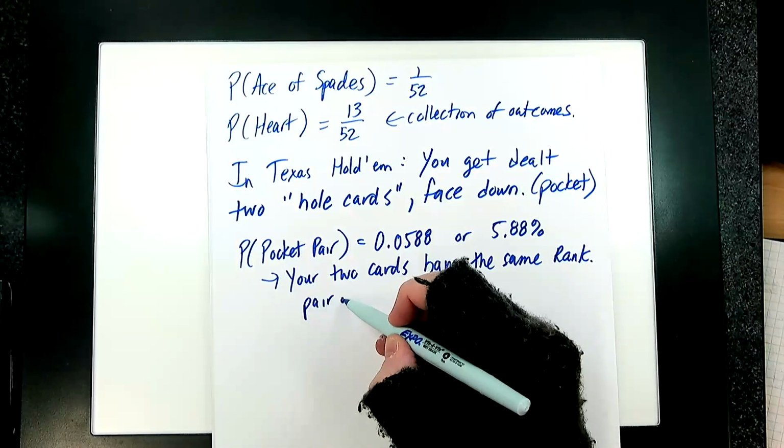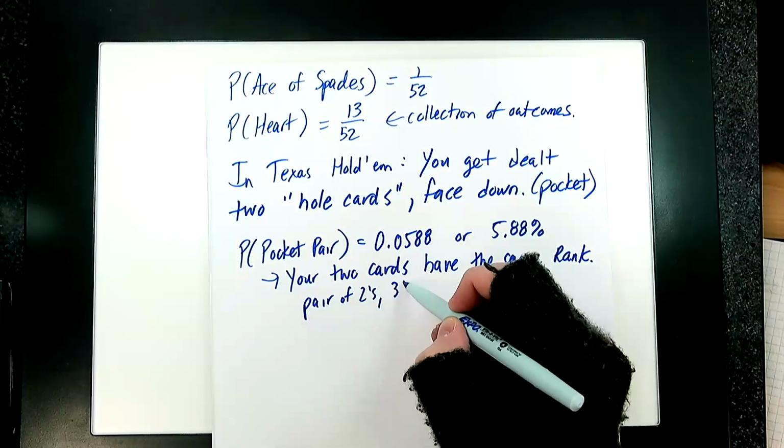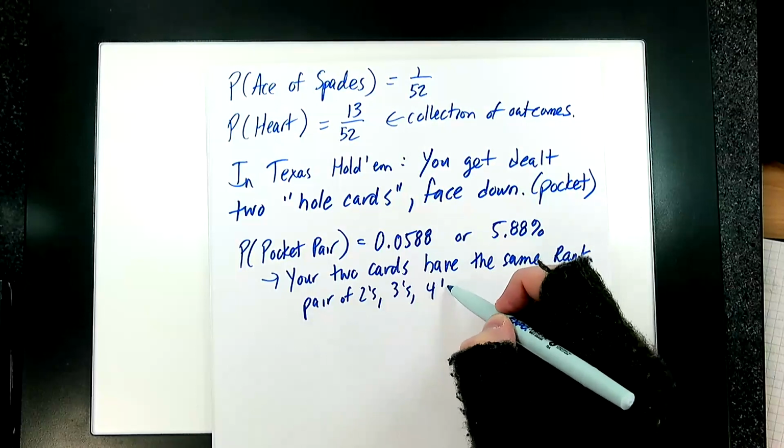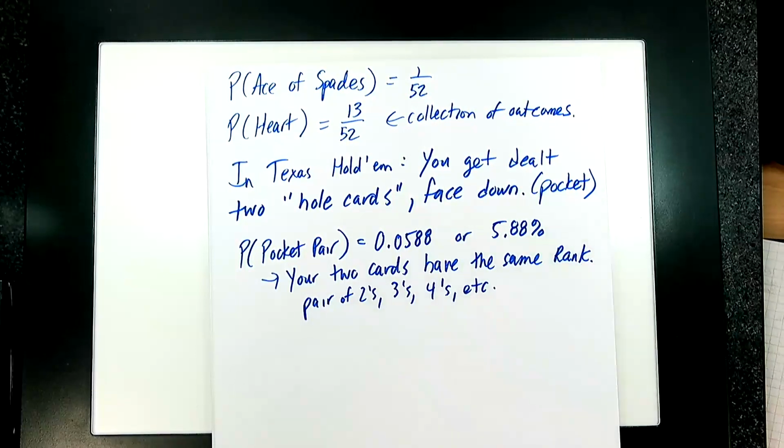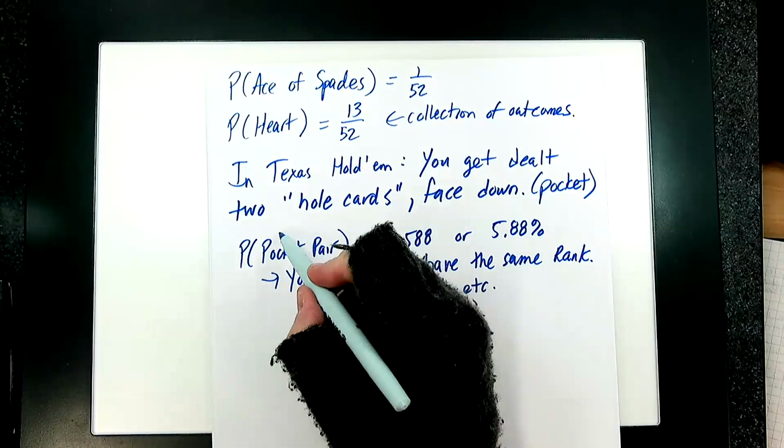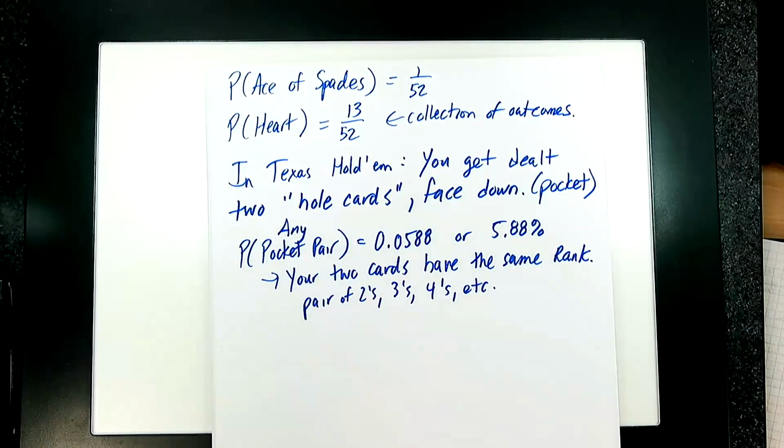Pair of 2s, 3s, 4s, etc. So this is any pocket pair. Probability being any pocket pair.